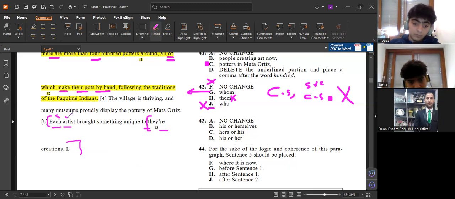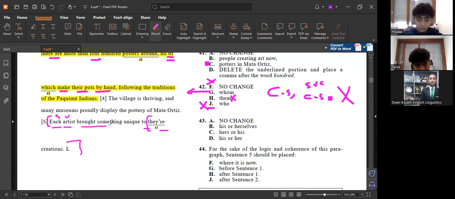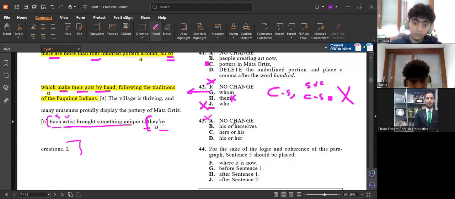This is one: each artist brought something unique to what? We don't have a complete clause here to start a new clause again. So by all means, it's wrong, because this is not a complete sentence to start a new sentence again. Even though it's a run-on, we don't have any punctuation here. So wrong. This expression is already wrong. We don't see herself like that. So the spelling is wrong. Again, why is it hers or his?